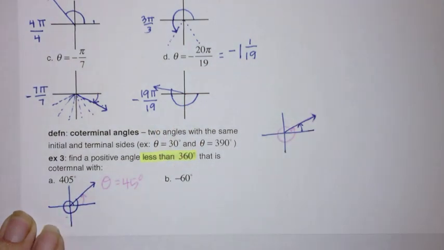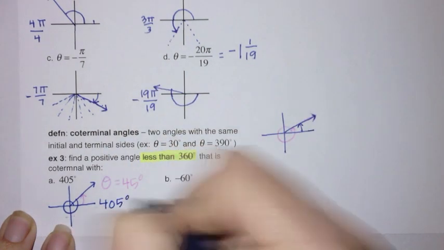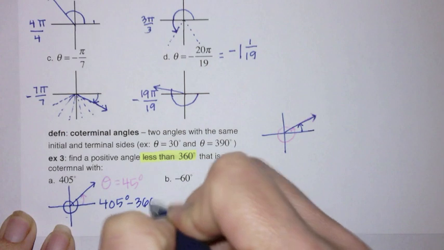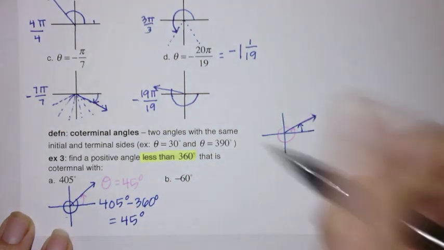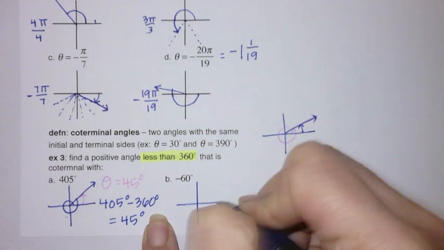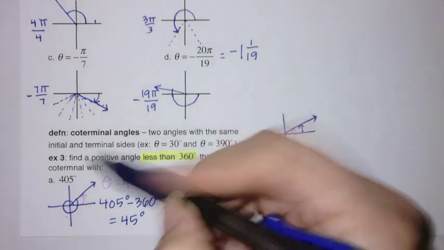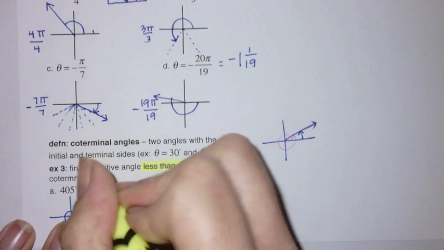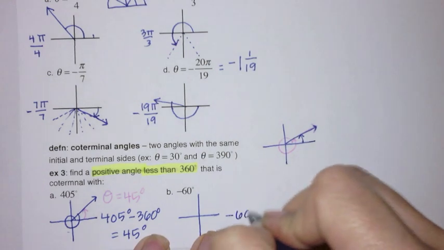Now, the other way that you can do it, for my formula people, is subtract or add 360 till you get what you need. Okay, so sometimes you have to add and sometimes you have to subtract. For example, on this one over here, if I subtract 360, I'm getting more negative, but it wants a positive angle. So because it wants a positive angle, I would actually need to add 360.